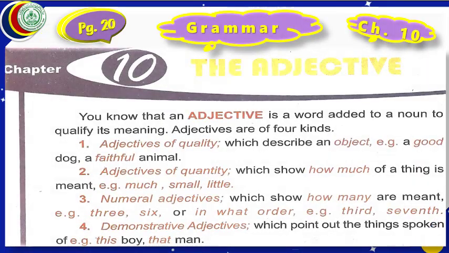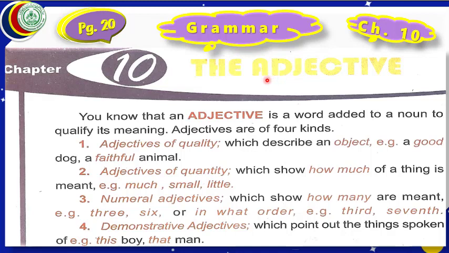Now we shall do chapter 10 of our grammar. This is about the adjective. What is this about? The adjective. Dear students, first of all, we must know what an adjective is.